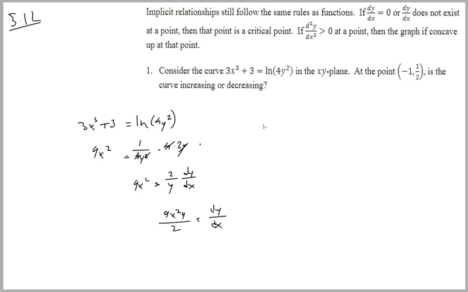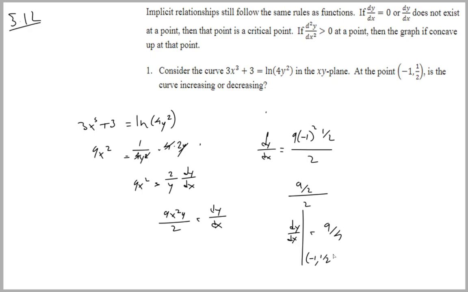So we plug that in, and we'll get dy/dx equals 9 times (-1)², which is just 1, times 1/2, over 2, which is 9/4. So dy/dx at (-1, 1/2) equals 9/4.